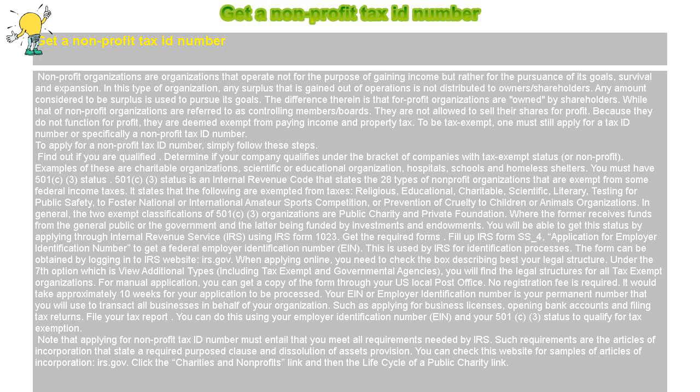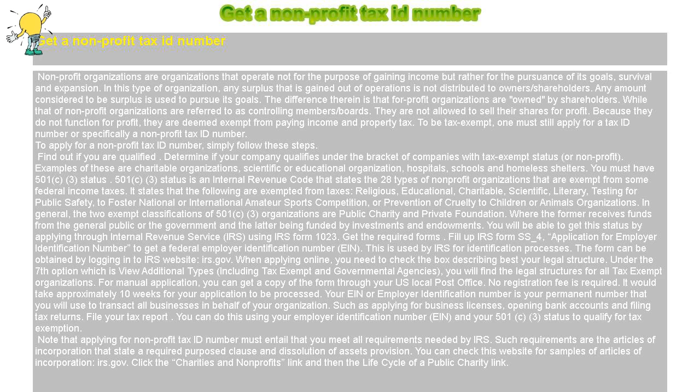File your tax report. You can do this using your employer identification number, EIN, and your 501(c)(3) status to qualify for tax exemption.